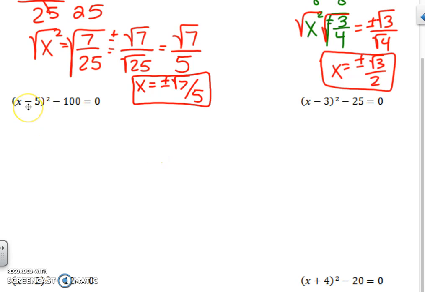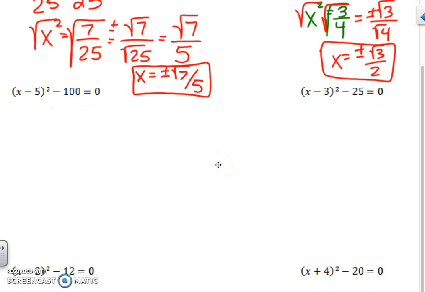So these look like vertex form. So I've got an x in parentheses like this. So these are a little bit trickier, but you still kind of do the first step of getting the parenthesis by itself by adding 100. Okay, so you would have x minus 5 in parentheses squared equals 100.